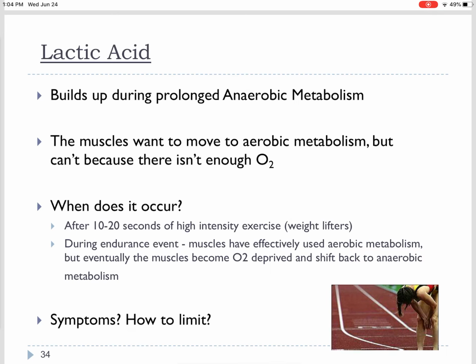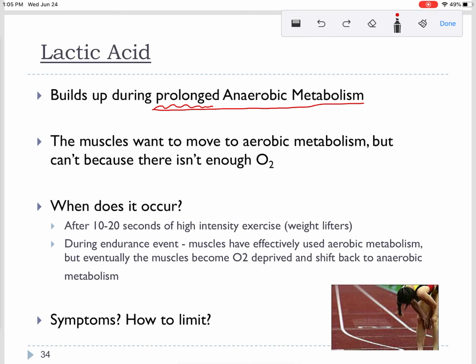I want to mention briefly lactic acid. Bear with me because we're almost done here. And I want to be very particular. Lactic acid builds up during prolonged anaerobic metabolism. So when you're utilizing the intramuscular high energy phosphate and the anaerobic metabolism, when you stay there for a long time, you're going to accumulate lactic acid.